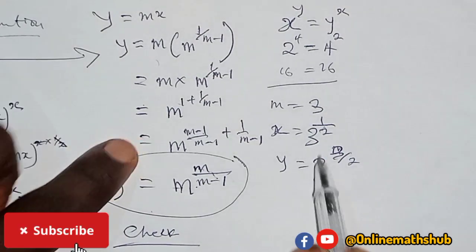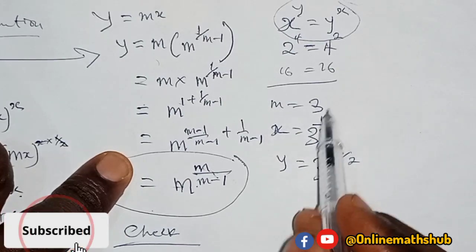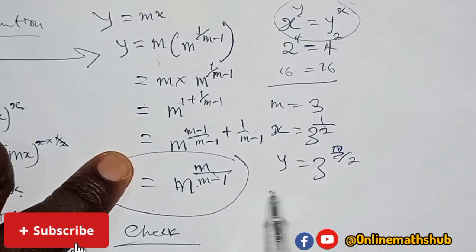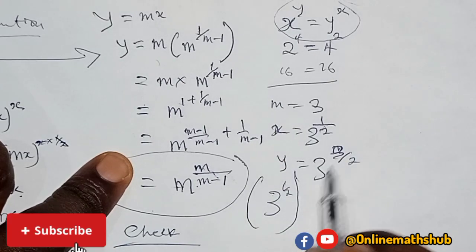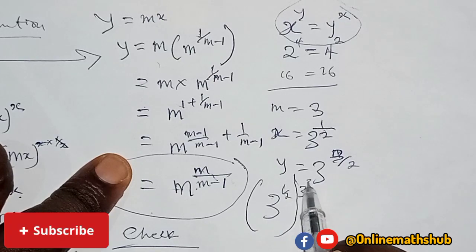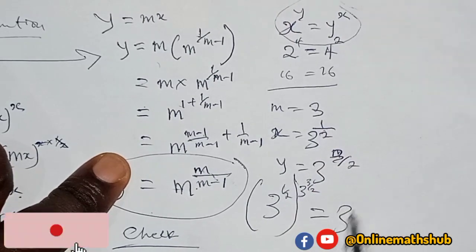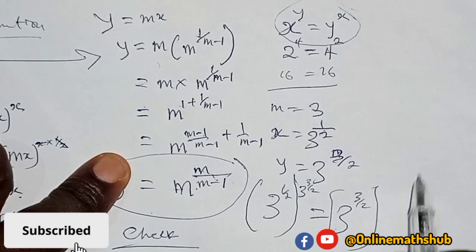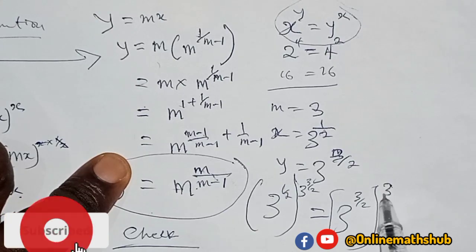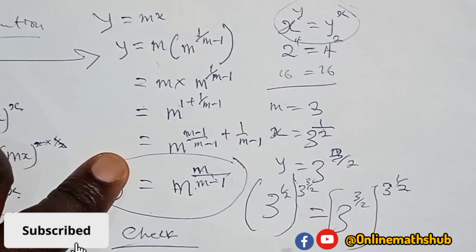Plugging it into the equation, my x is equal to 3 raised to power 1 over 2, and my y is equal to 3 raised to power 3 over 2. So x raised to power y, with y in brackets, equals y raised to power x, with x in brackets. I want to check whether this is the same as this.